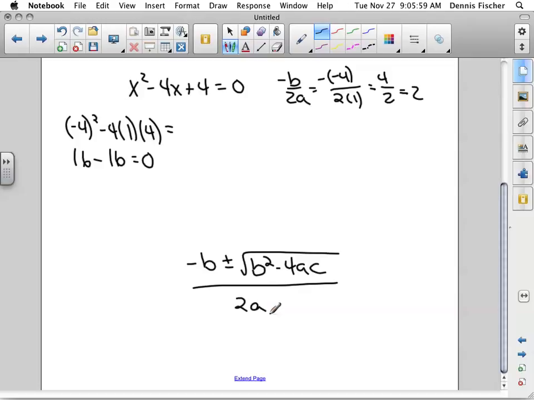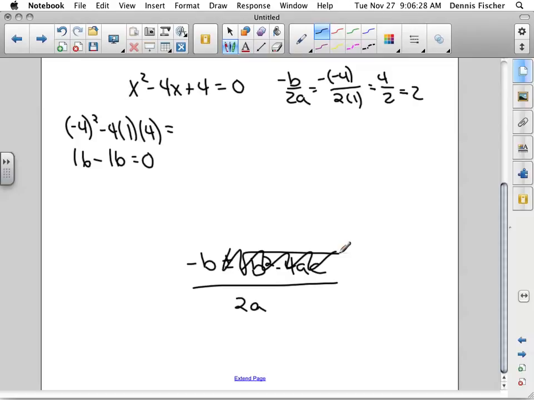Square root of 0 is 0, so really this is gone when b squared minus 4ac is 0. What's left? Negative b over 2a. That's your answer. So really, you do the quadratic formula, but you don't have to do the whole thing. It's just what negative b over 2a is. What else does negative b over 2a tell us? The vertex.